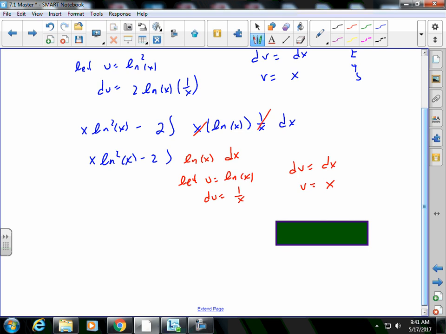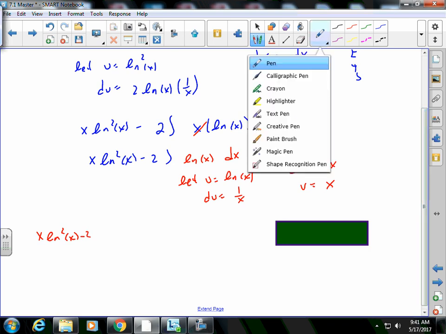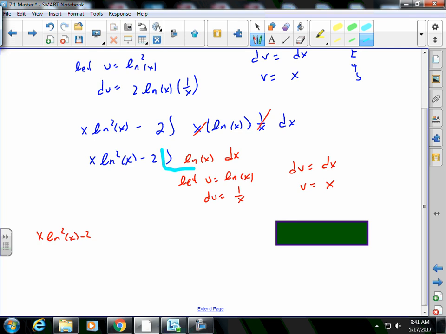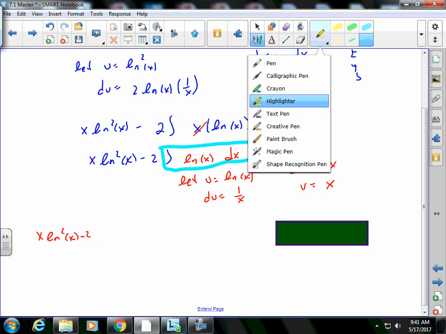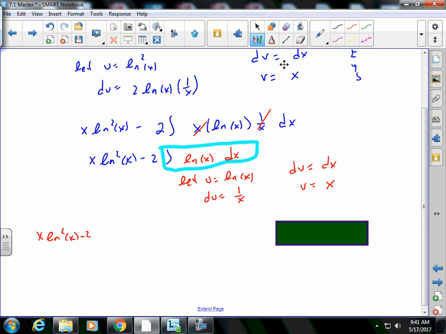So we're going to now leave the left-hand side alone. And then we're going to replace this as a parts problem. So I need to have u times v.